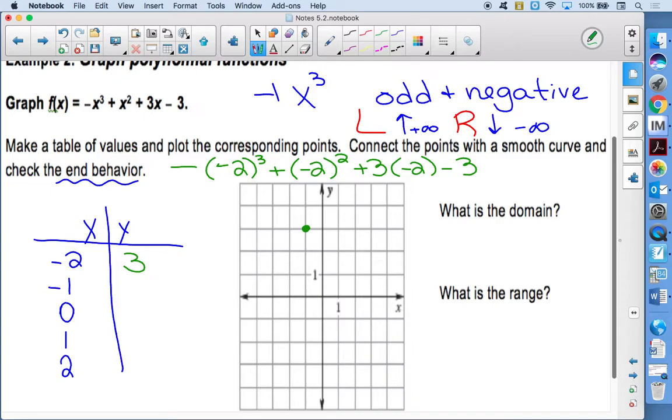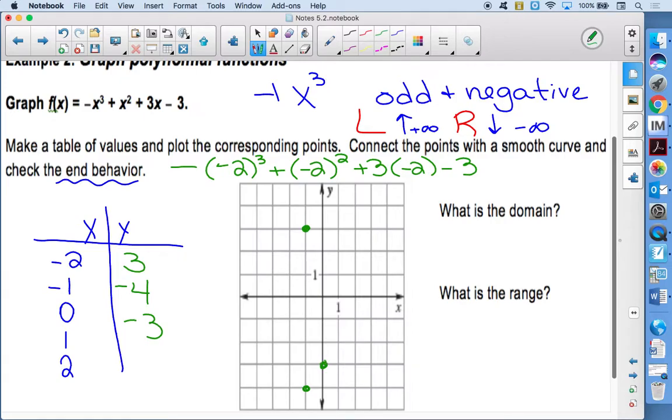When you plug in a -1, just because we're running out of time here, you should get a -4. You don't need to plug in a 0 because when you have a 0, it's going to be -3. Emily, question?